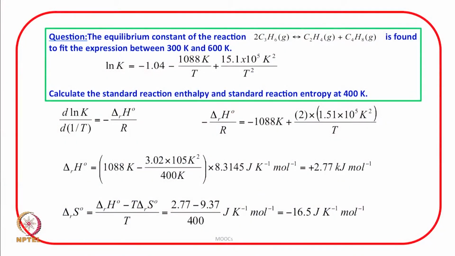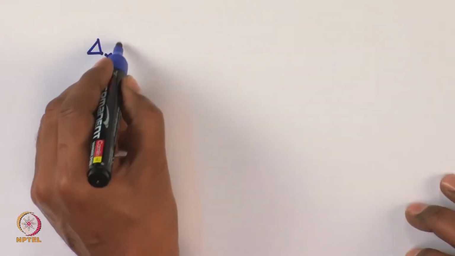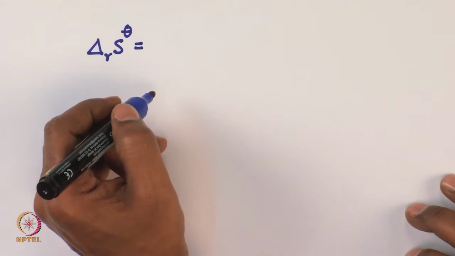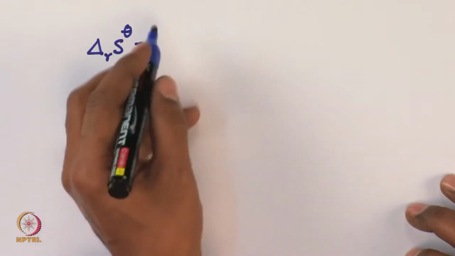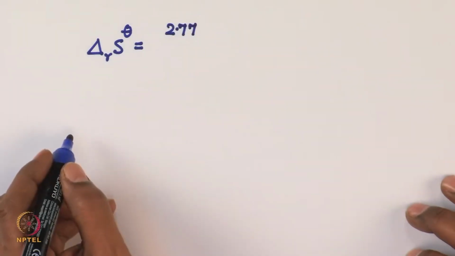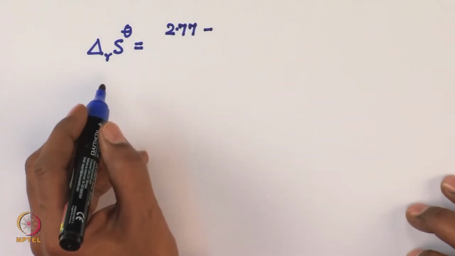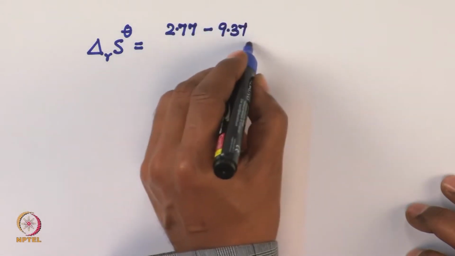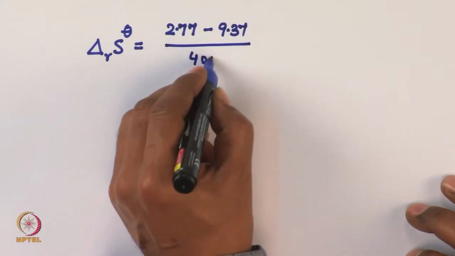Once you substitute over there, what I will have is delta R S naught is equal to delta H naught, we just calculated is 2.77, and delta G naught from minus RT log K will come out to be 9.37. These are all in kilojoules per mole, divided by 400.